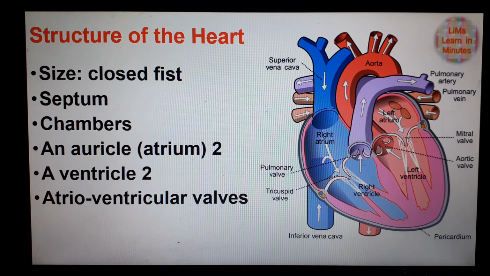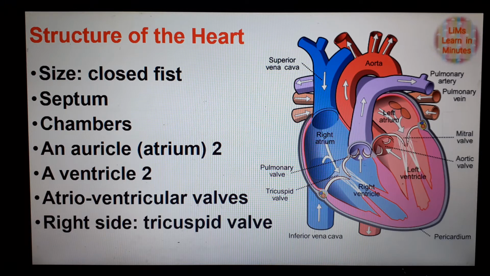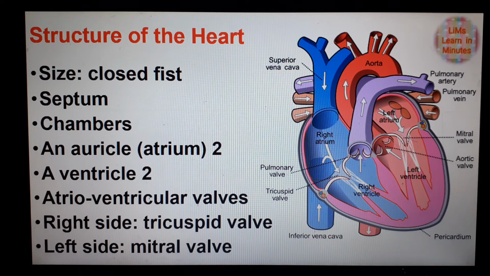The one on the right side is called the tricuspid valve, while the one on the left is called the mitral valve. These valves allow the blood to flow only from the auricle to the ventricle and not in the reverse direction.